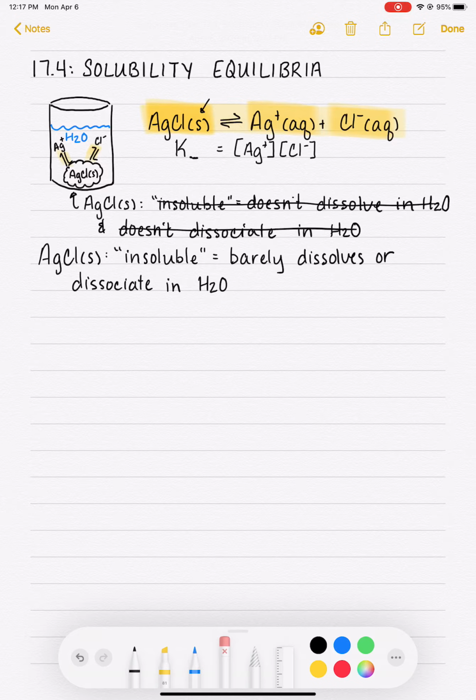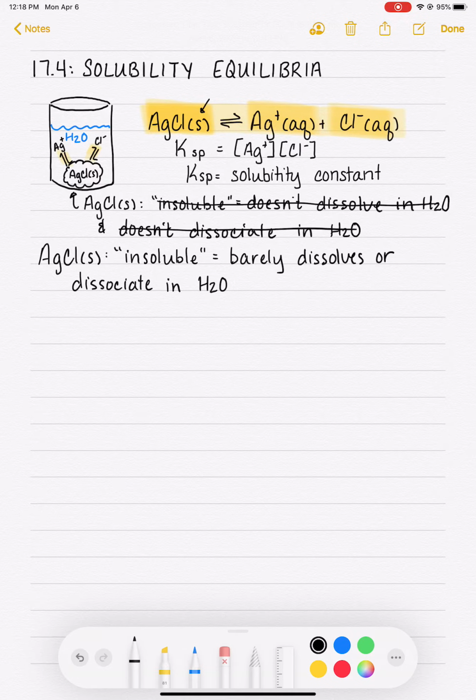This K is not a Ka and it's not a Kb because it's not an acid or a base. We call this a KSP, and the SP stands for solubility product. The KSP is the solubility constant, because it's talking about solubility.